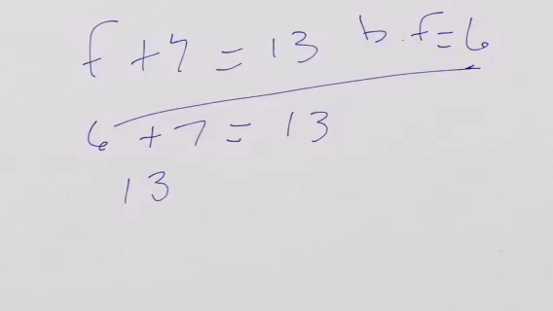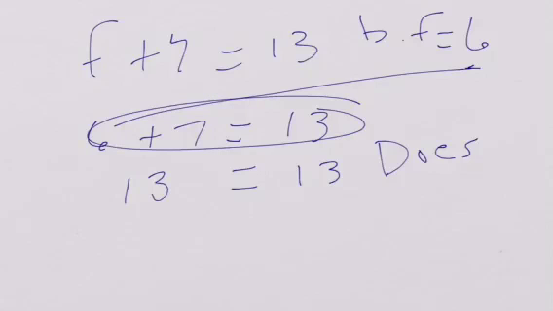We can solve this. 13 does equal 13. So this equation is true. Okay? So one that it gave us was not true, and one that it gave us was true.